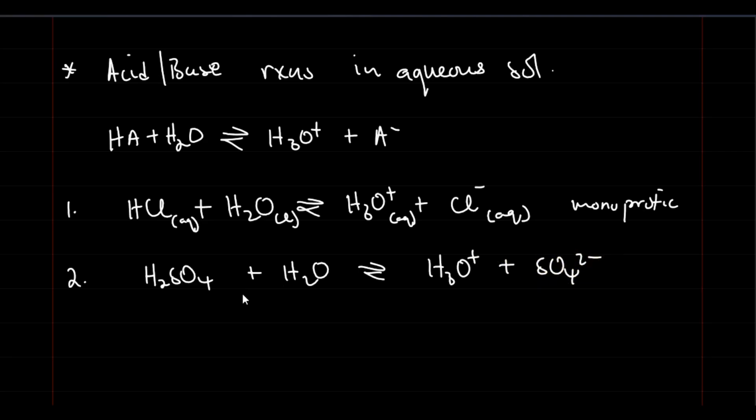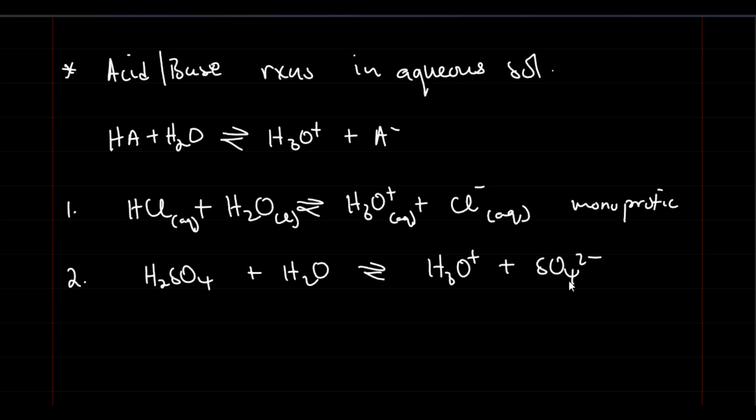So if we try to balance this equation, we can balance it easily like this. Sulfuric acid is a diprotic acid, right? So it must donate 2 protons. How do we know that it will donate 2 protons? Because we can see its conjugate base, which is sulfate. So it has donated two protons to become sulfate.